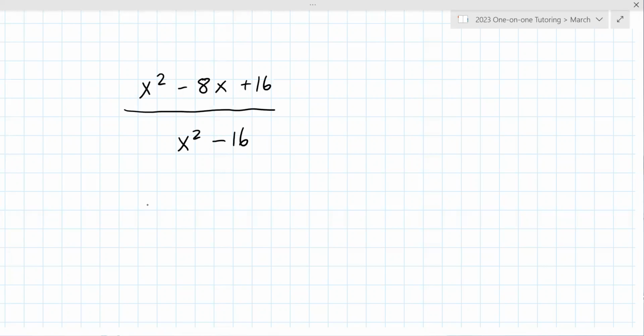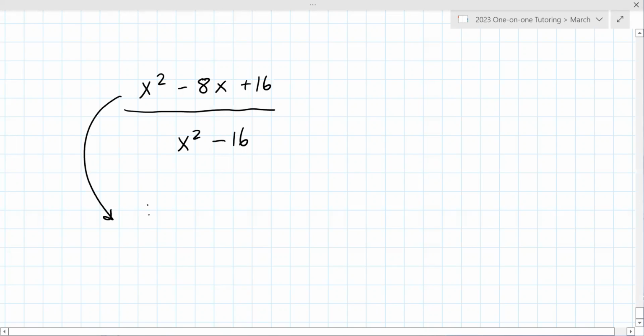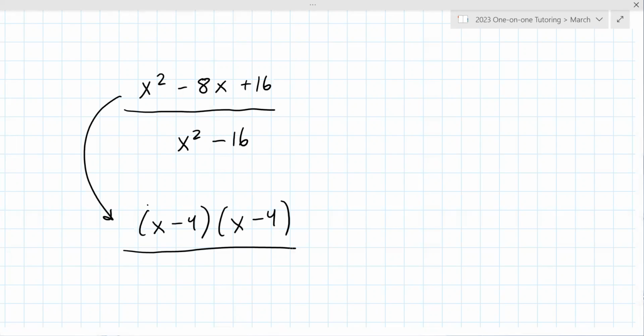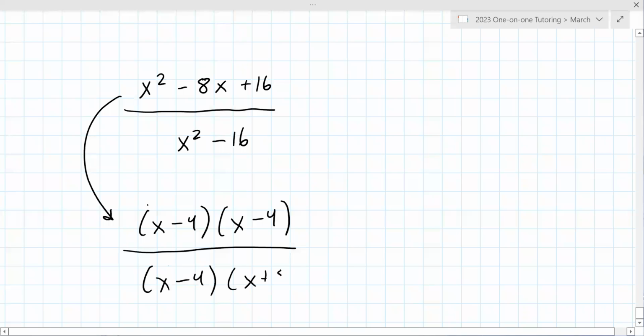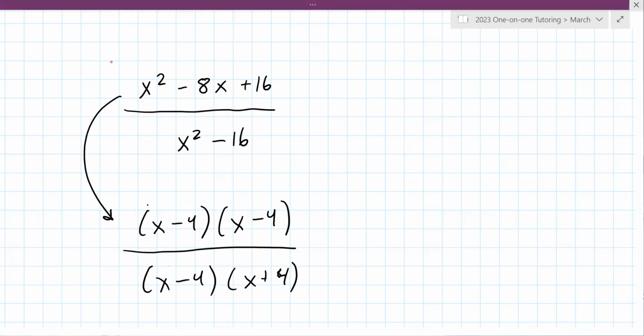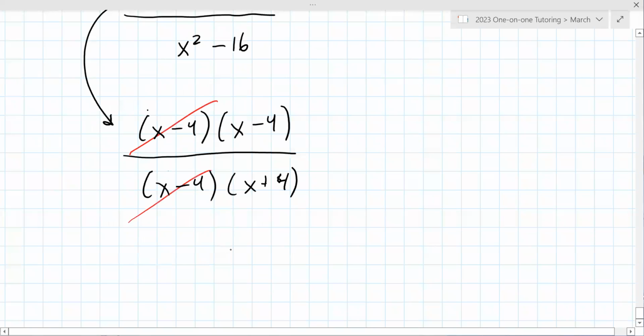So would the first one be x minus 4, x minus 4? Good. Yep. And then the bottom one would be x minus 4, x plus 4. Yes. And so they cancel. And that is it. That gets you x minus 4 over x plus 4.